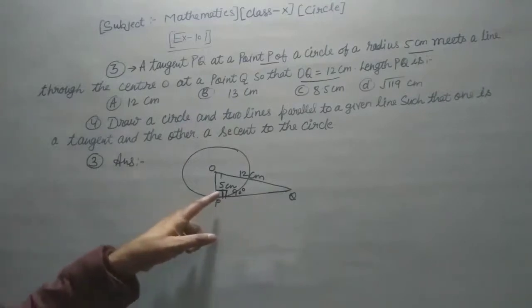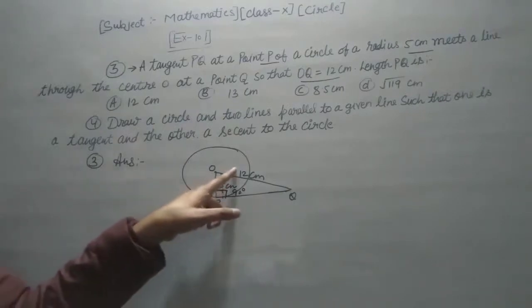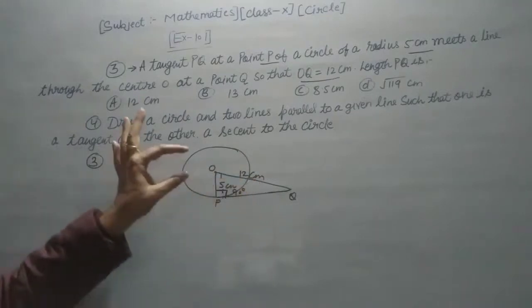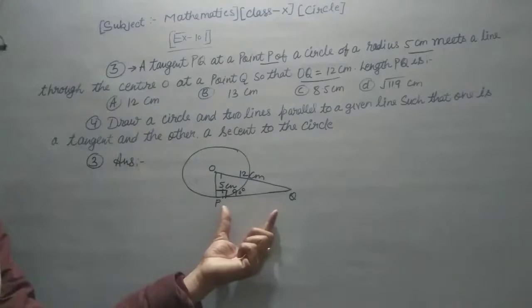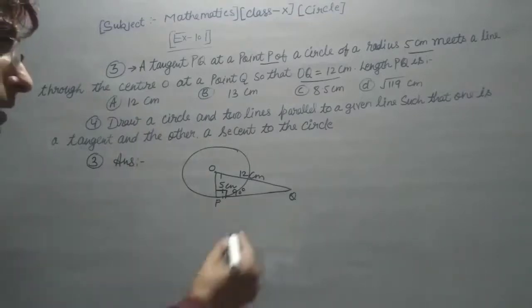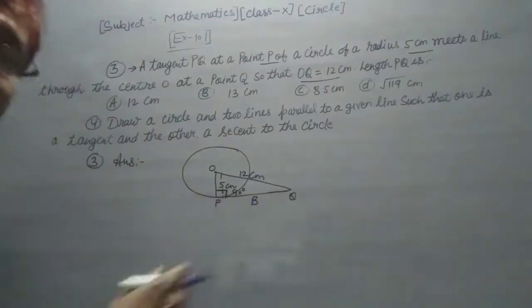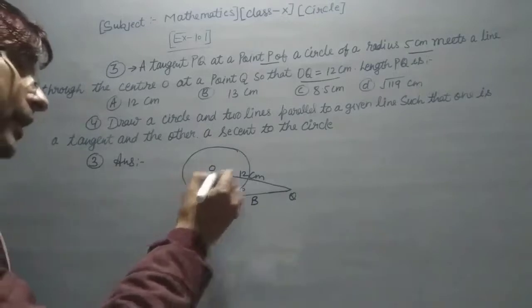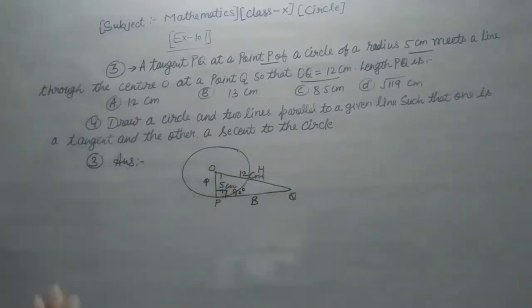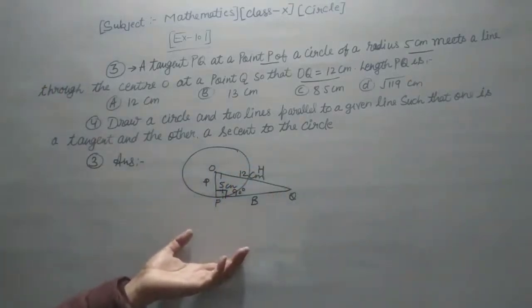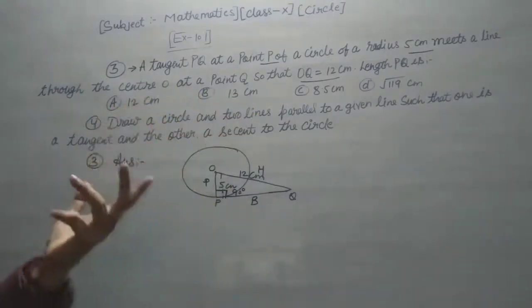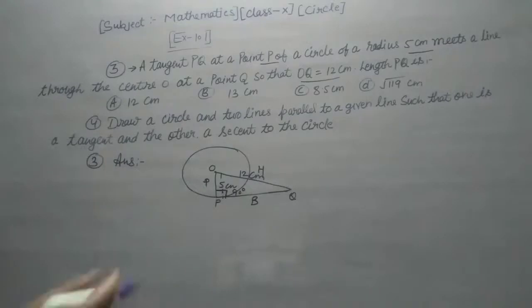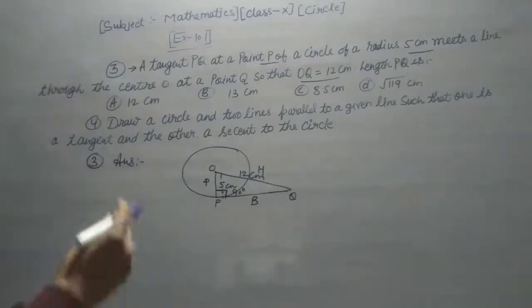The side opposite the right angle is the hypotenuse, this is the perpendicular, and you have to find the base, that is PQ. Now you have to apply the Pythagoras theorem and find PQ and mark the right answer. So see how to solve this.